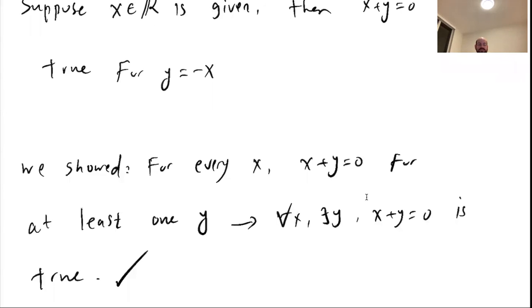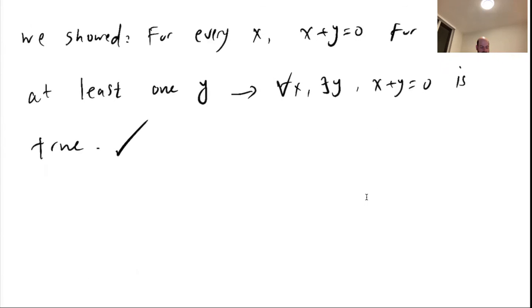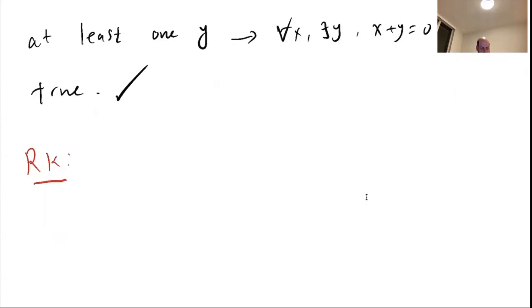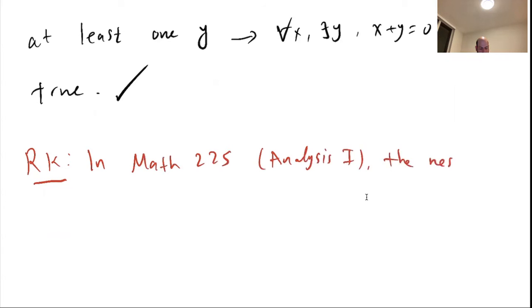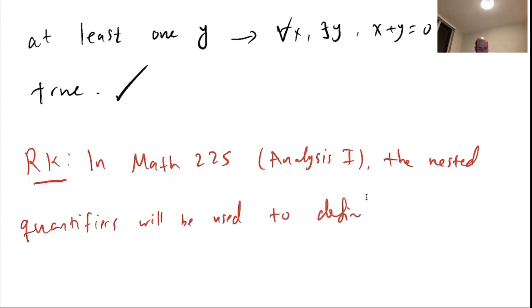In calculus or in analysis, when you want to show that the limit of a function is equal to some specific number, we have to use nested quantifiers. So as a remark, in Math 225, Analysis 1, the nested quantifiers will be used to define limits.